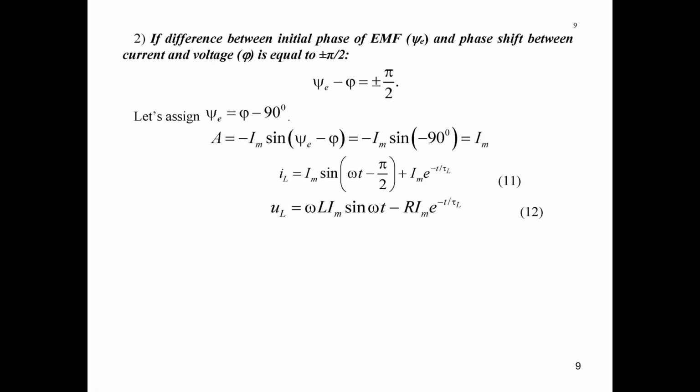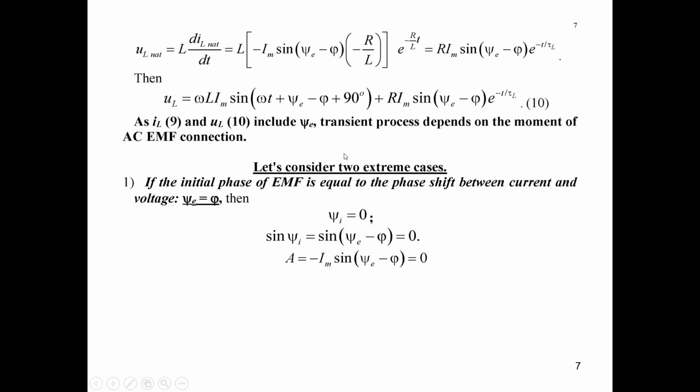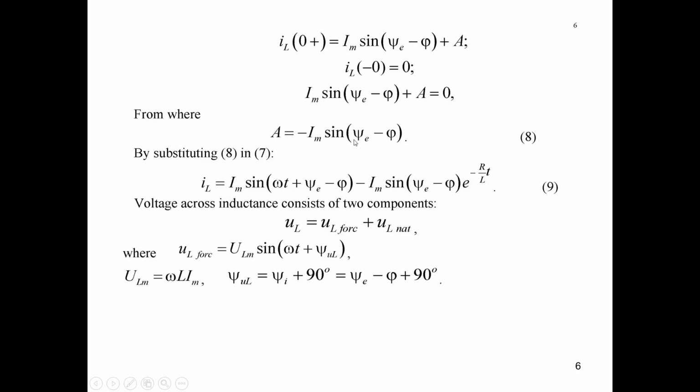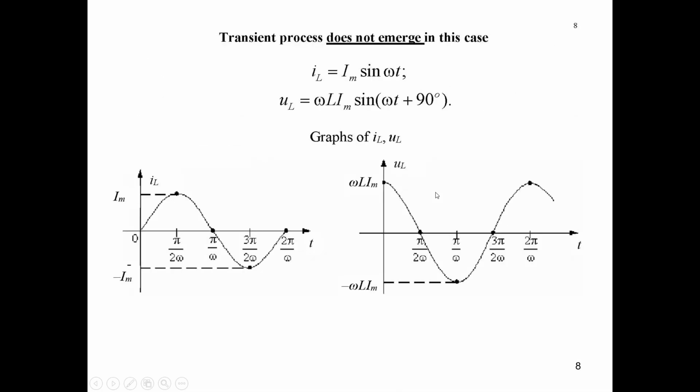And in this case we will have the worst case, when we will have the maximum level of natural component, because for instance, for this integration constant, if psi minus phi equals 90 degrees, sinus of 90 degrees will be equal to 1, its maximum level. So A will have maximum level, and therefore natural component will have maximum level also.